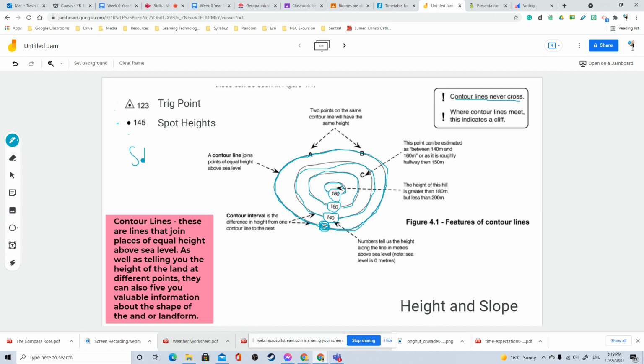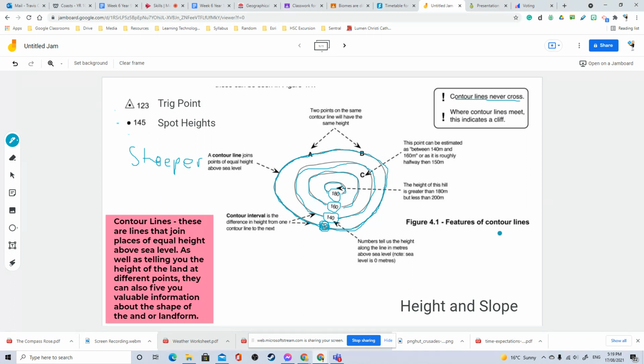The steeper, that's an E, everyone. The further apart they are, the broader they are, the gentler the slope, if you like.